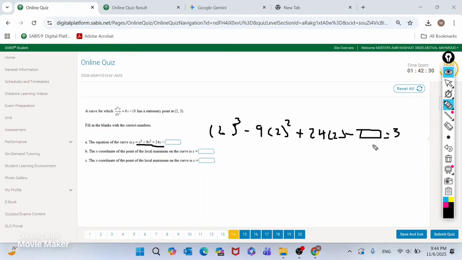You can shift solve this, or you can take the 3 to the other side and solve it. If you solve this, you get that the box equals 17. Okay, so it's 17.